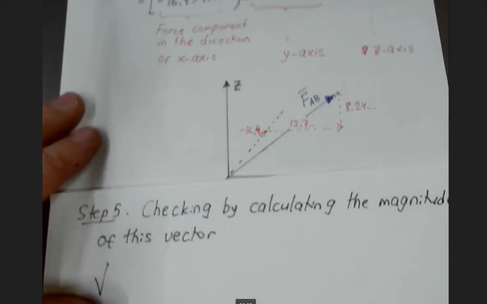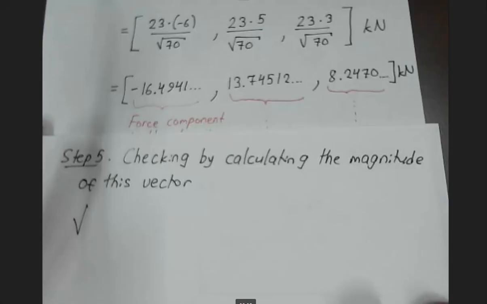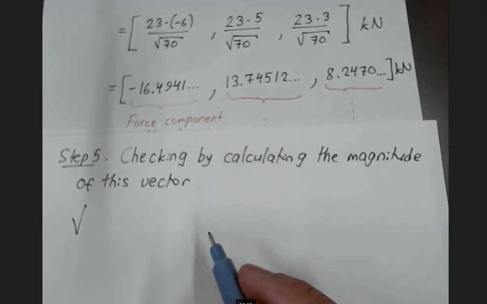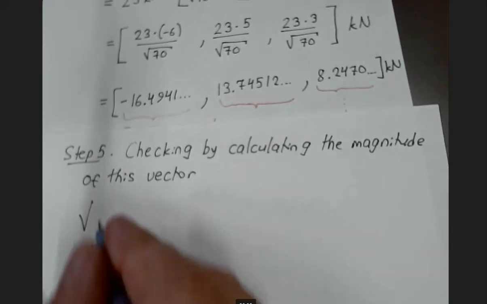We will do that by using Pythagoras. We just take these components, raise those to the power of 2, then add them and take the square root.